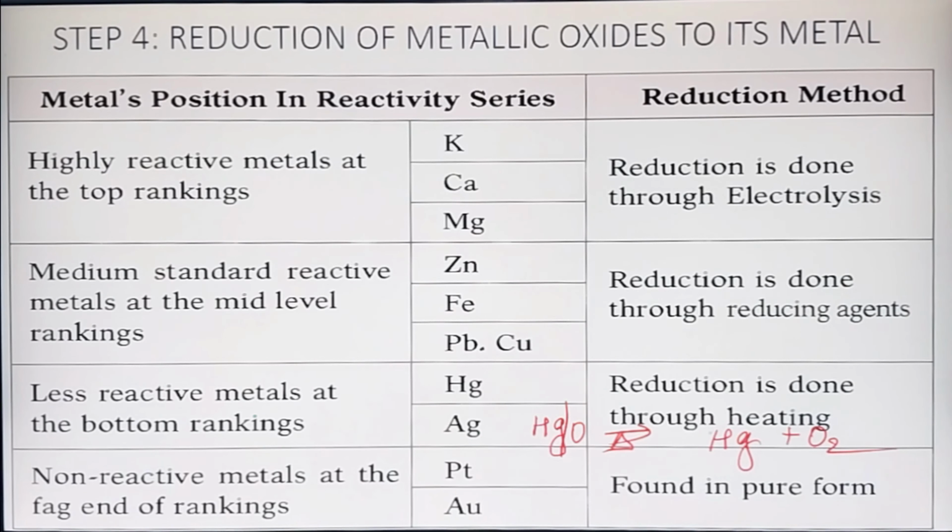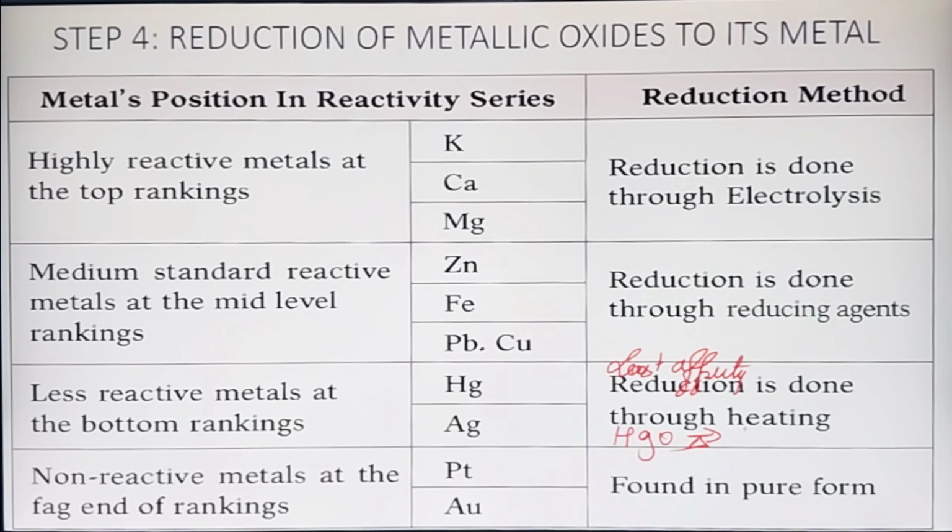No. What did I just do? I just applied heat and removed it. Mercury is removed and oxygen is removed. So these two metals, mercury and silver, have very, very least affinity. They do not love oxygen at all. So the moment they combine, I don't have to do much here. I just have to heat the compound.